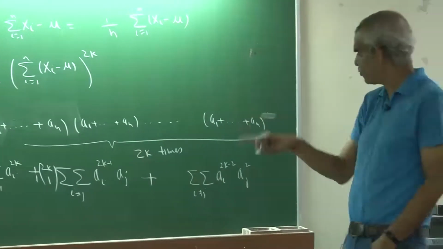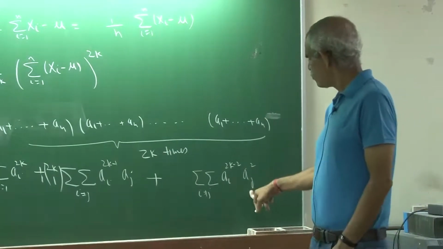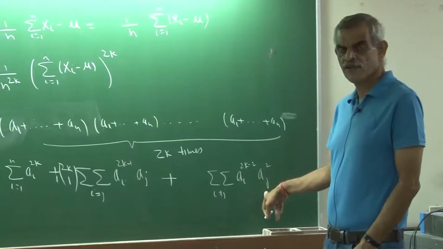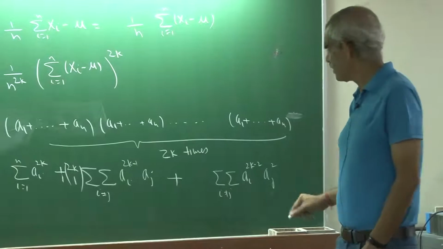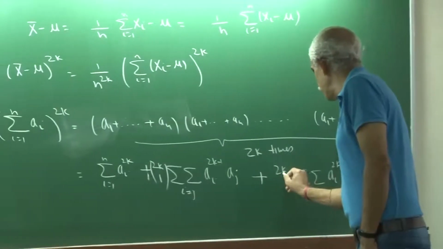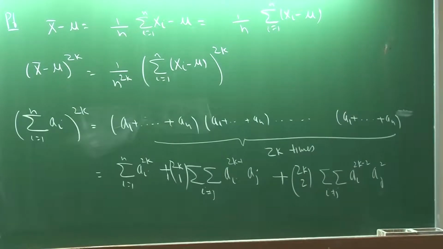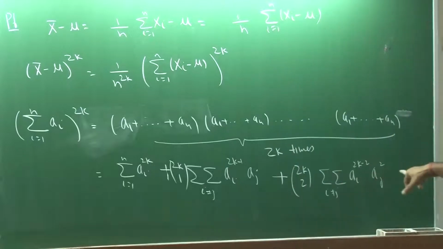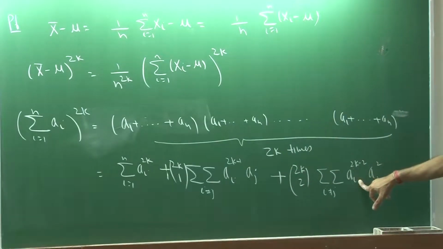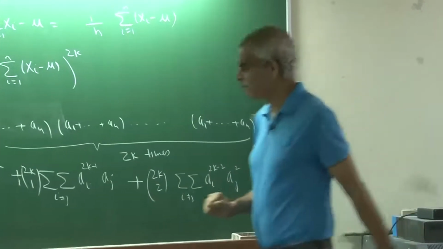From 2k minus 2, ai is coming, and I have to choose the places from where aj is coming. aj can come from any of these 2k places, so that would be 2k choose 2. Once the places for aj are defined, from the remaining ai's are coming, so I don't have to bother about it. Now there is also a possibility that from 2k minus 2 the same ai is coming, and from the remaining 2, two different terms are coming. So there will be a term of aj and ak.